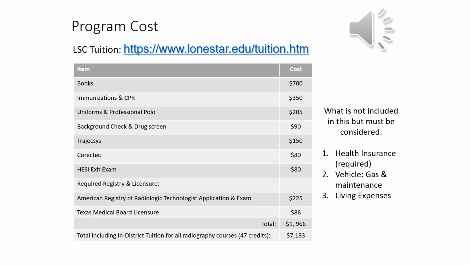Health insurance is also required for the students to maintain, as this is a requirement from the clinical site. And then the other items, living expenses, obviously, and then maintaining a reliable vehicle is something to take into consideration. Attendance is monitored and required to be a successful student in our MRT program.